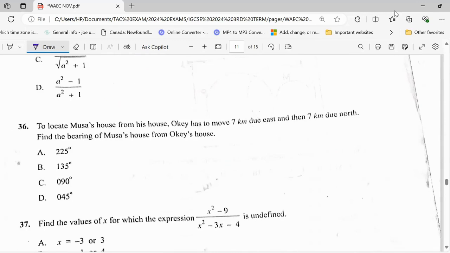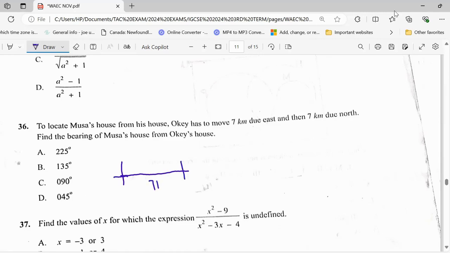Question 36. To locate Musa's house from his home, Ok has to move 7 kilometers due east and then 7 kilometers due north. Find the bearing of Musa's house from Ok's house. So let us say this is Ok's house. So you have to move due east.